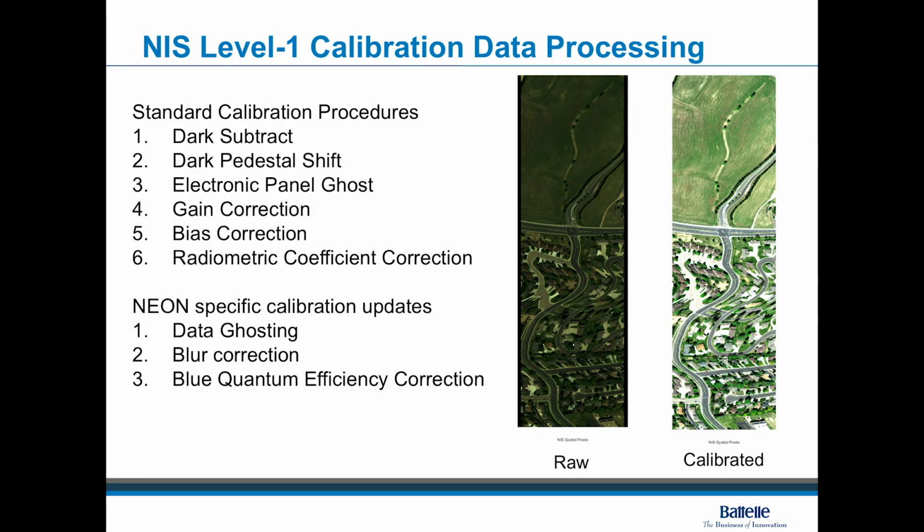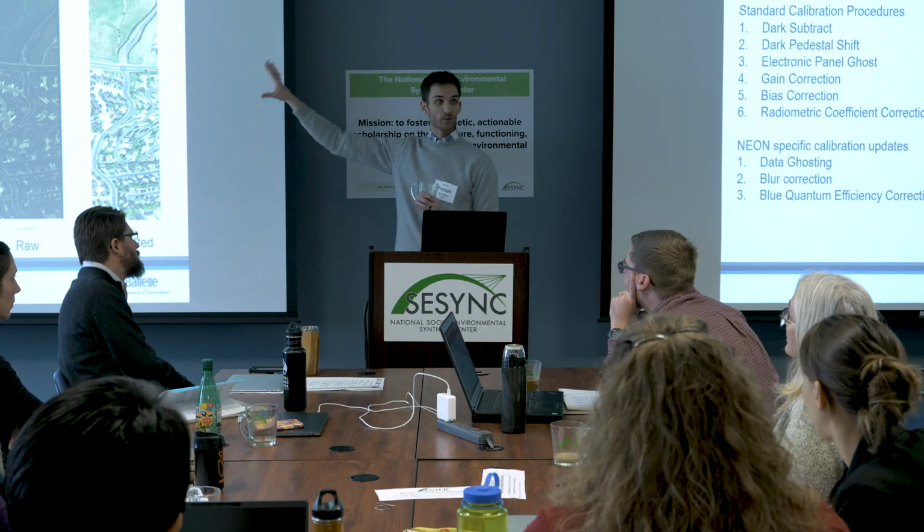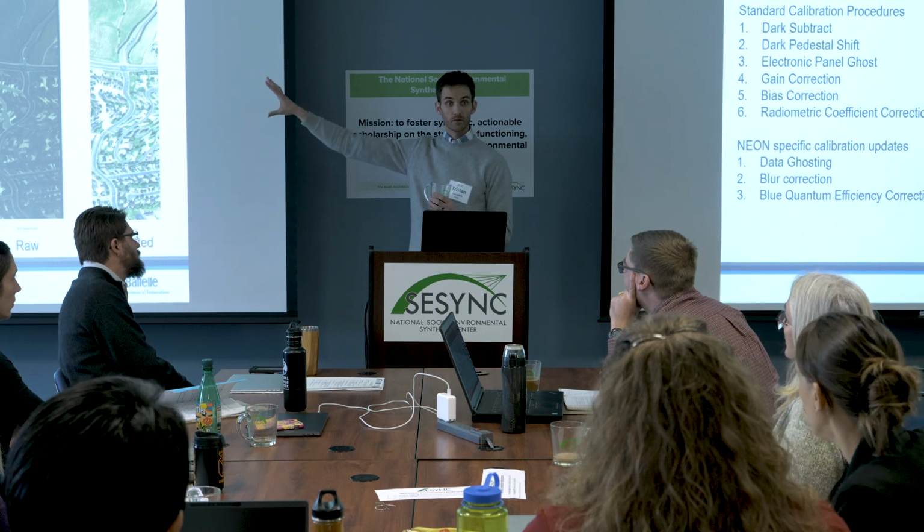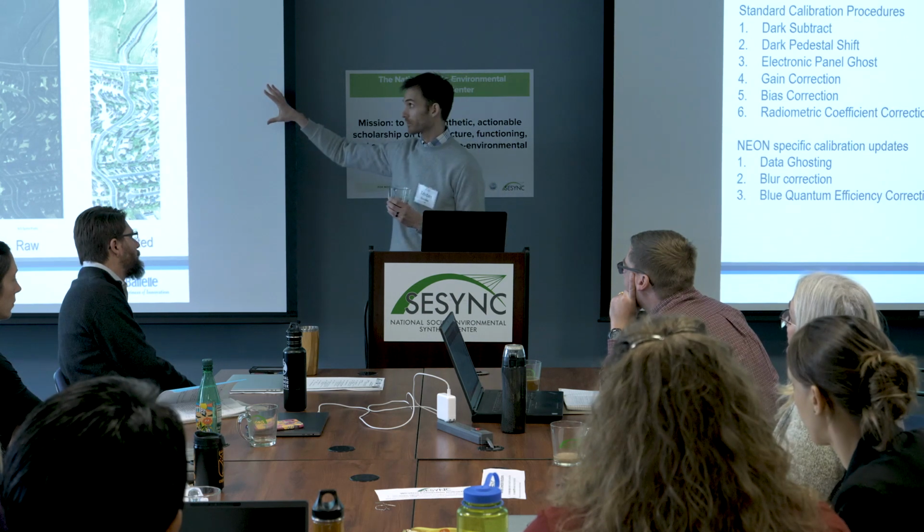And then to go from the raw data that's actually just received by the sensor to that calibrated at-sensor radiance, we go through a series of calibration steps of which I won't get into the details. I just want you to see that we're doing a lot to calibrate this data so you don't have to worry about the quality of the data that we're providing to you.